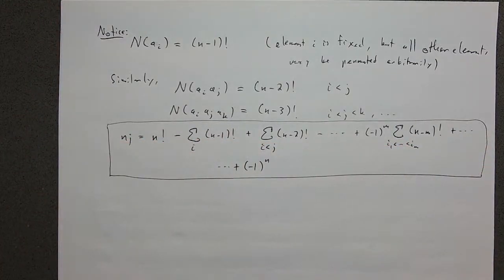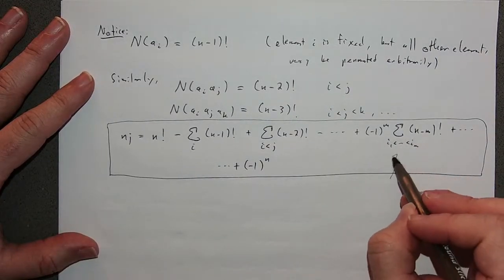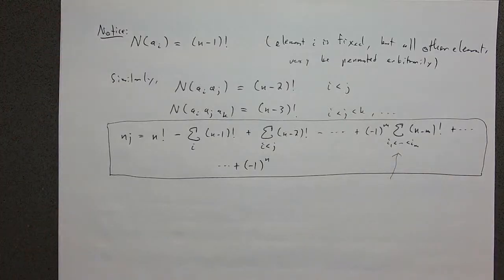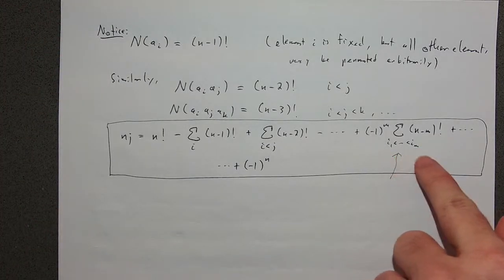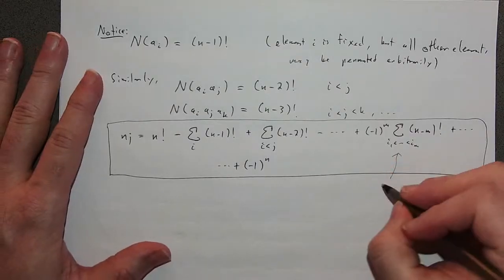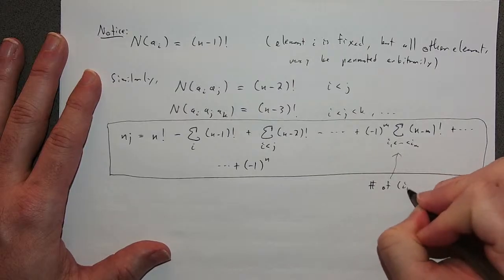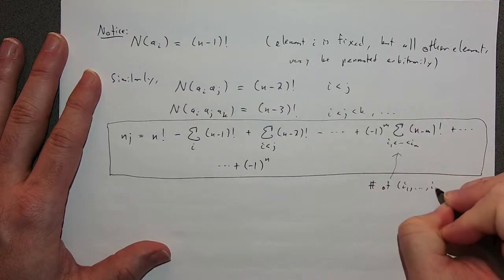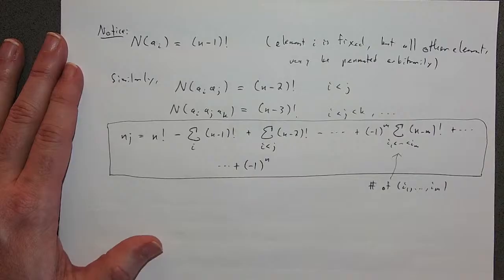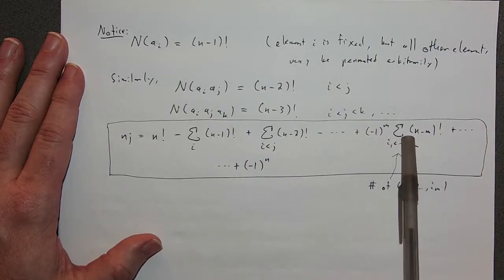Okay. But actually, what is the count here on this generic term, the number of m-tuples i1 to im that satisfy this? What is the number of such m-tuples? This is just the number of ways to choose m from n objects.